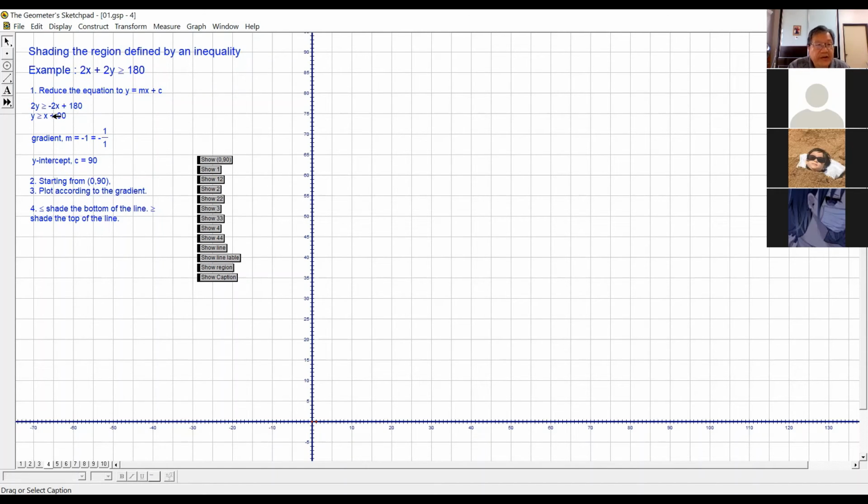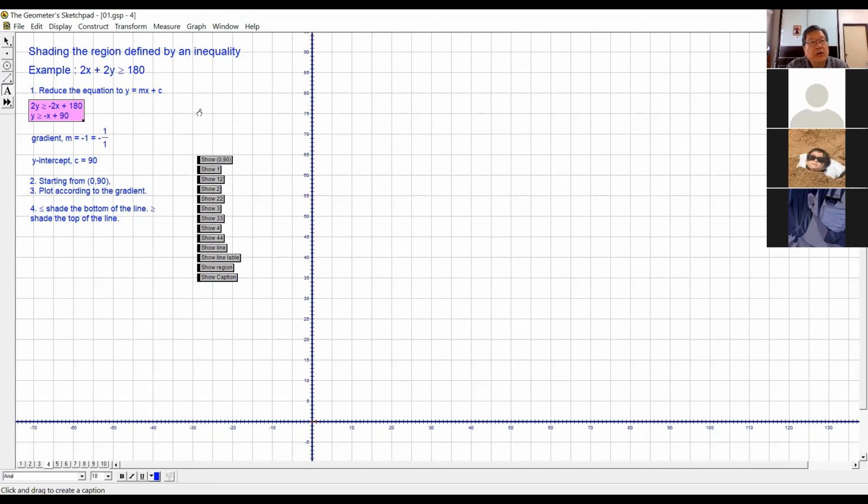From this inequality, you can know the gradient is negative 1, but don't write negative 1, write down negative 1 over 1. And we know the y-intercept is 90.